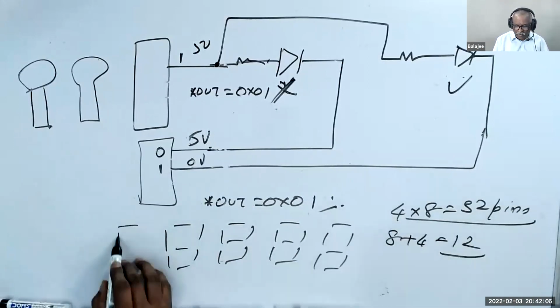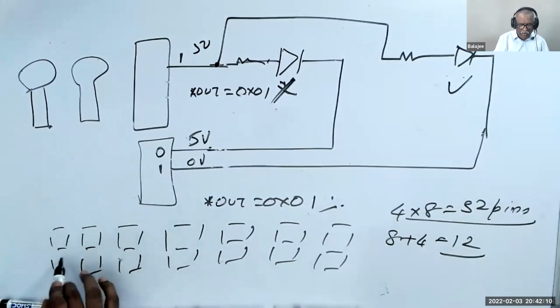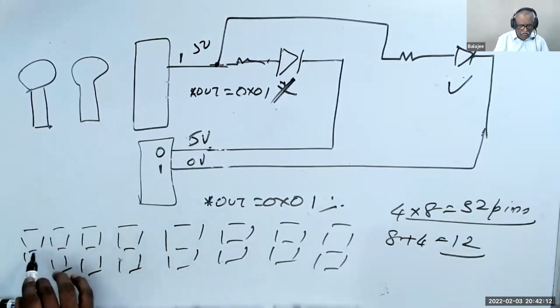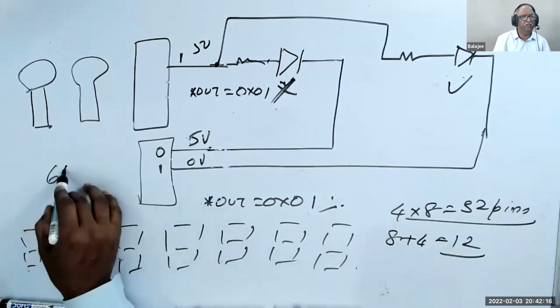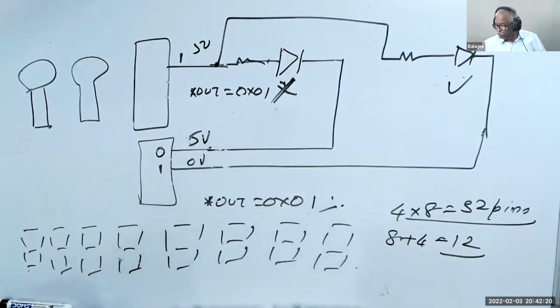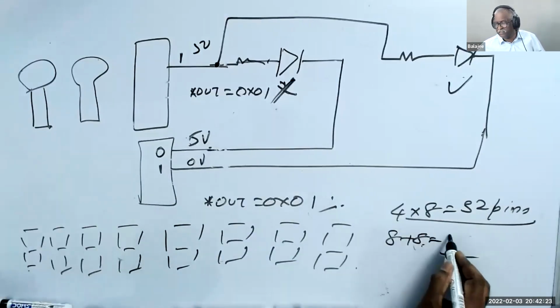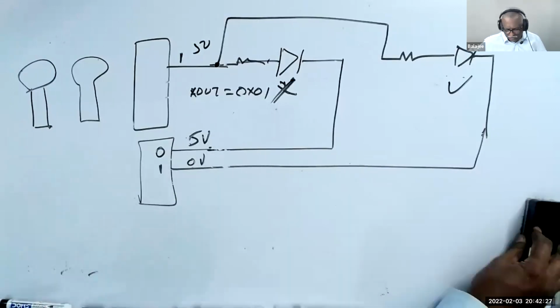If I have 8 segments, how many pins do I need? 8 into 8, 64 pins or 8 ports. But with this method, I'm going to use only 8 plus 8, 16 pins. You have to understand this. If you don't understand, ask me once again.